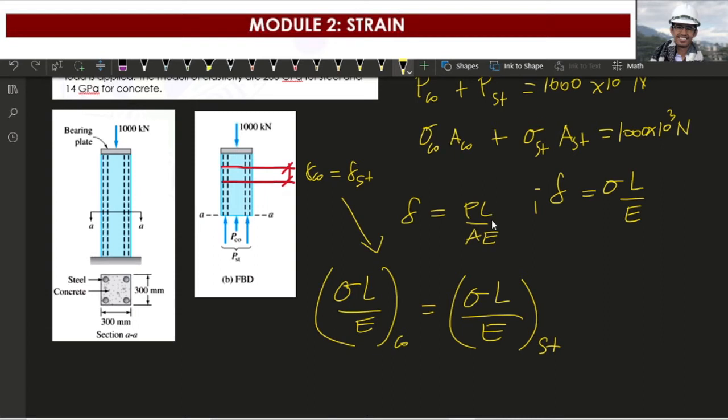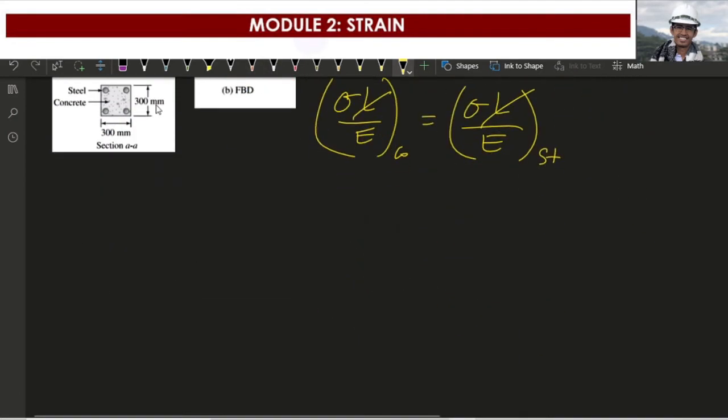So same lang, so compatible sila. So yung length natin is constant, isa lang, kaya magka-cancel yung length natin, tama? So yung matitira na lang will be stress ng ating concrete over E ng concrete, that is equal to stress ng steel over yung E ng steel, tama?